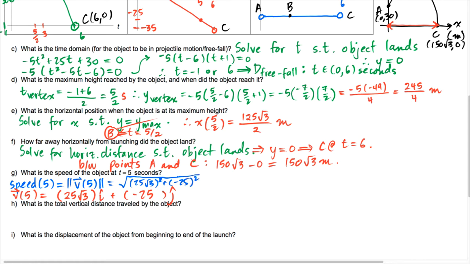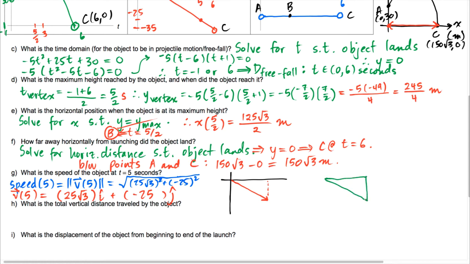But maybe these numbers look familiar, particularly if you factor out the 25. This looks like a vector with positive x and negative y components in quadrant 4. It's going to go a little wider than it is down. And this vector here is actually a similar triangle with a parent vector, which has a reference angle of 30 degrees.